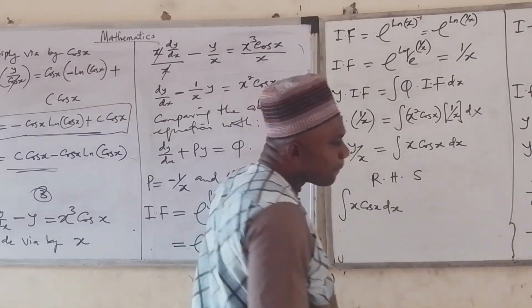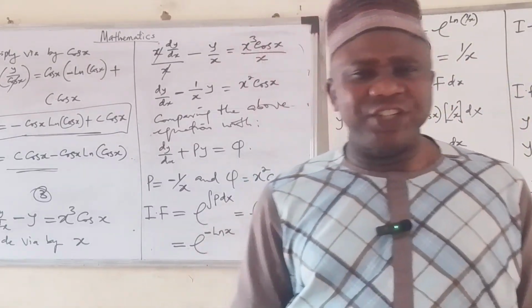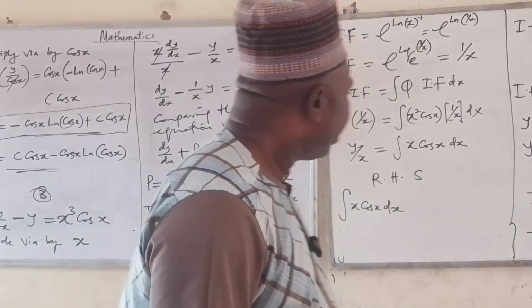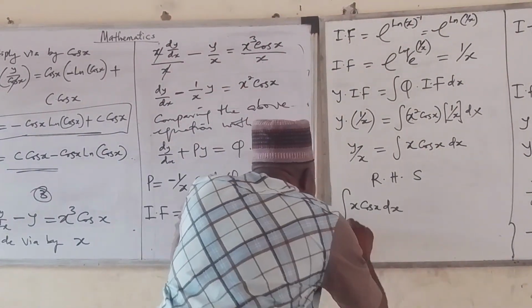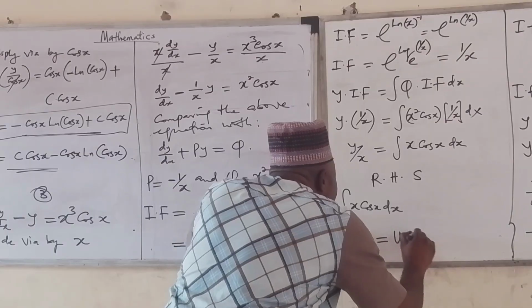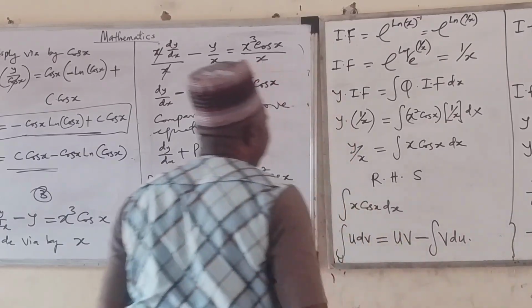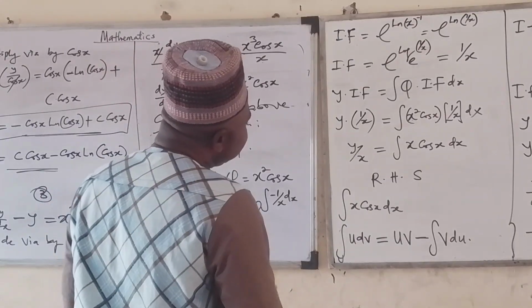Now remember integration by parts. That's integration of product functions. Here we said integral u dv is equal to uv minus integral v du.